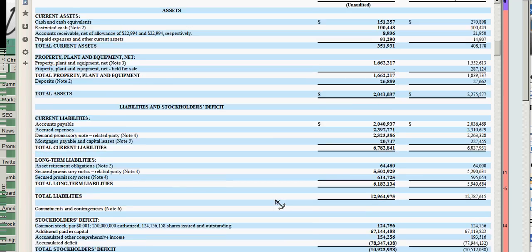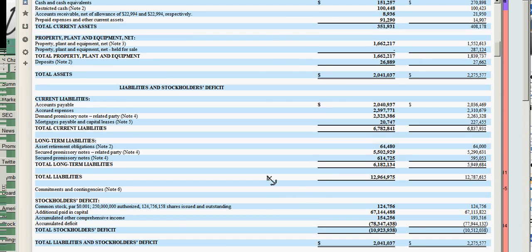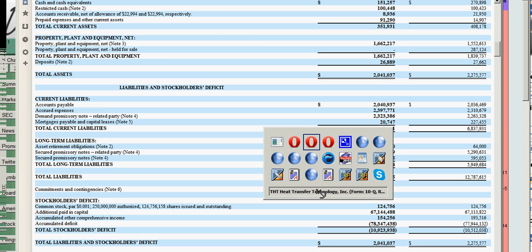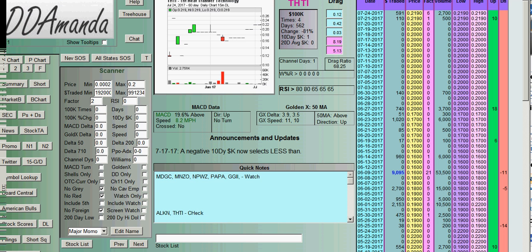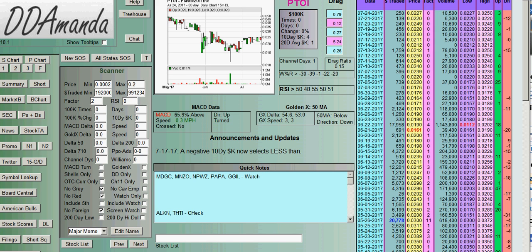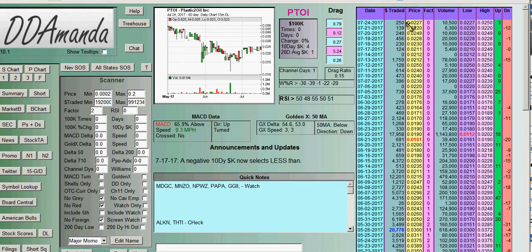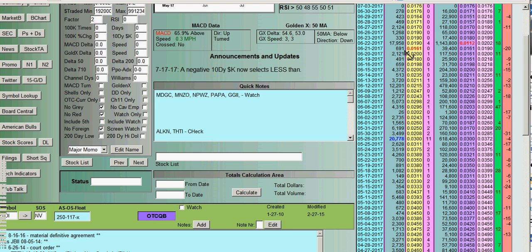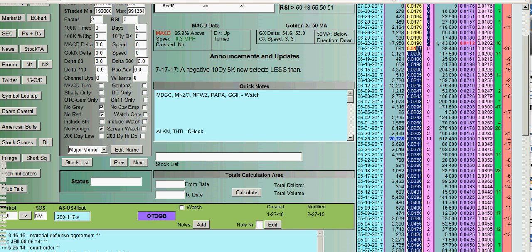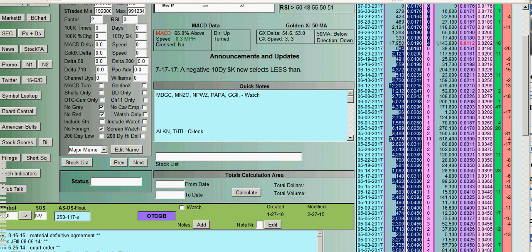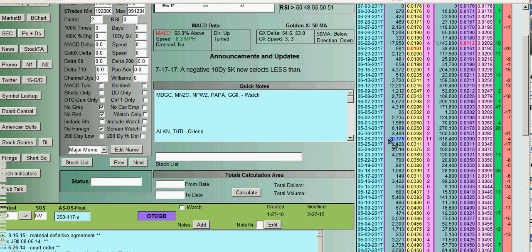This is PTOI, and this company is trading at 2 cents a share. Their 200-day low is 0.0161. The most they've ever traded in 200 days is $20,000 back on May 26th.